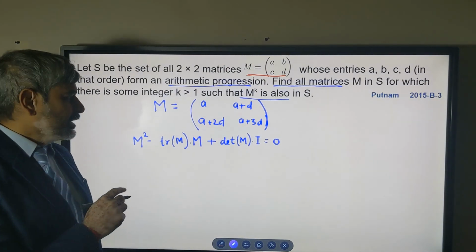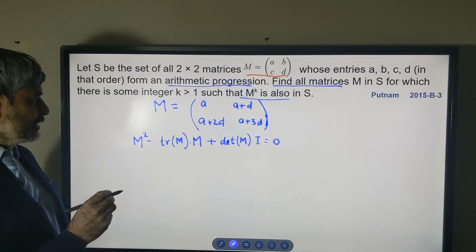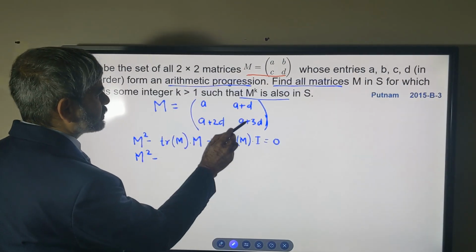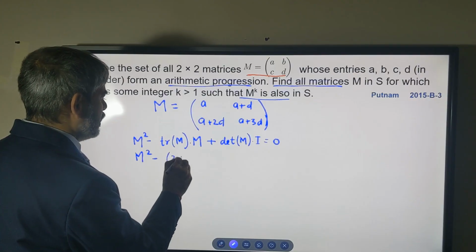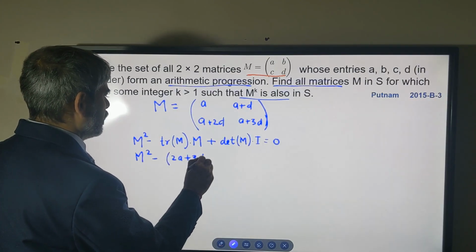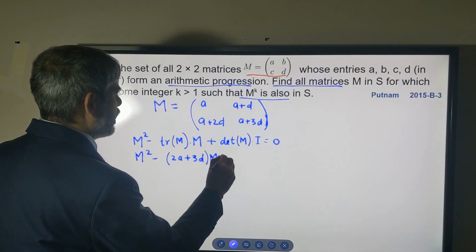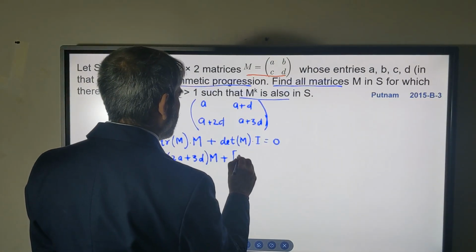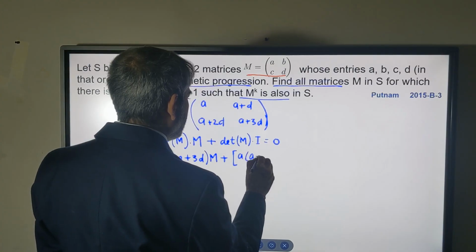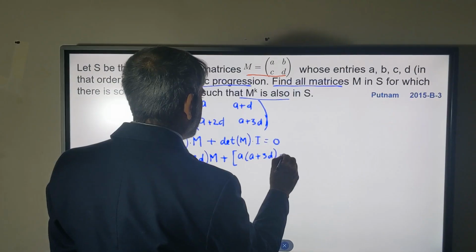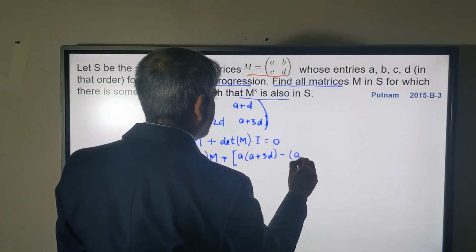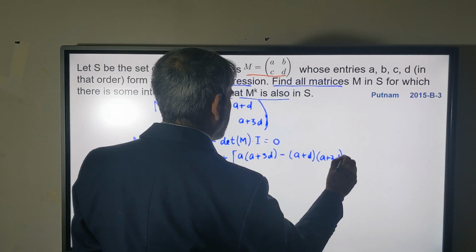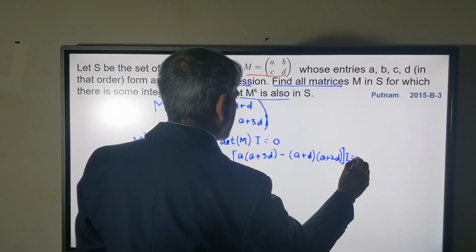And this is true for 2 by 2 matrices. So M square minus trace of M, which is just the sum of the diagonal entries, so we have 2A plus 3D multiplied by M, and then the determinant of M is A multiplied by A plus 3D, minus A plus D into A plus 2D, and this whole thing multiplied by the unit matrix equal to 0.